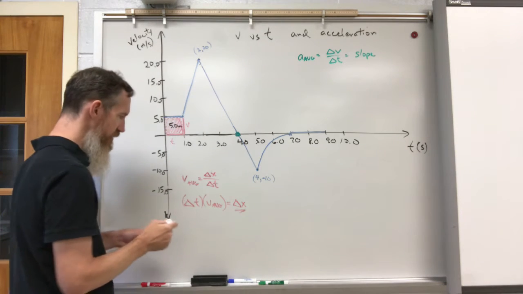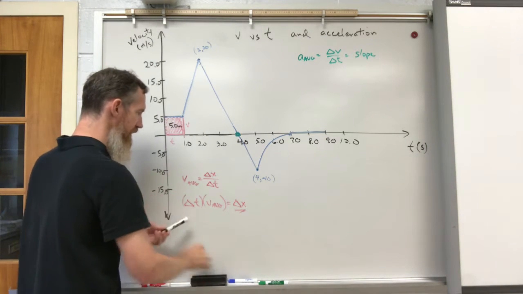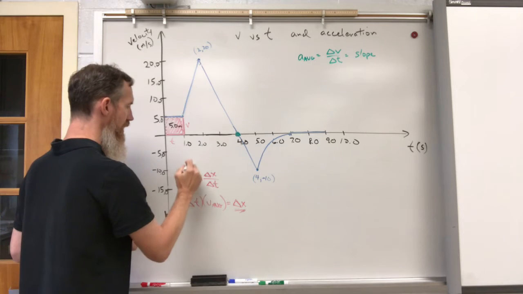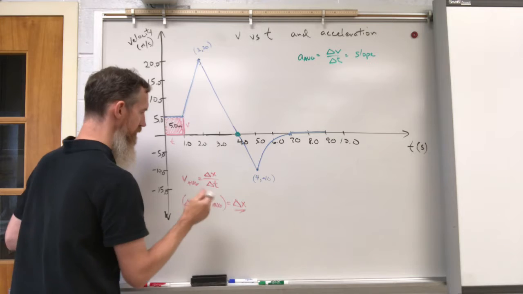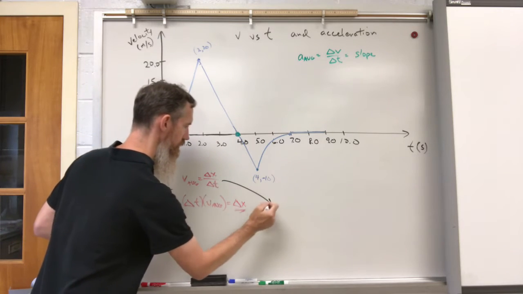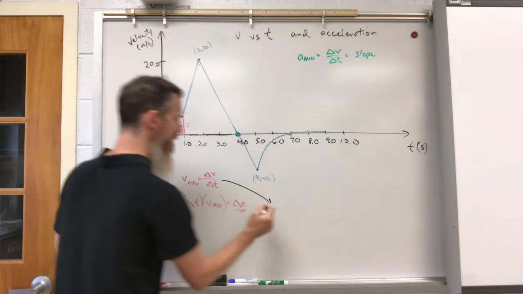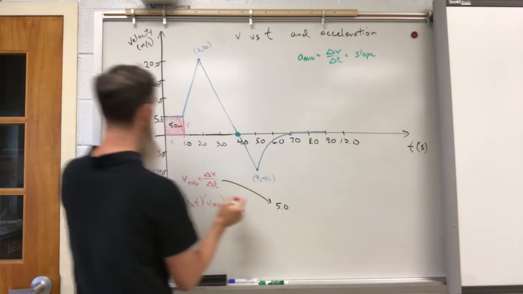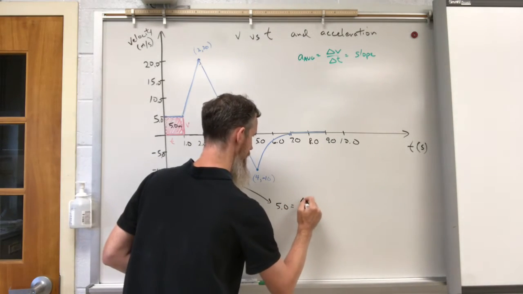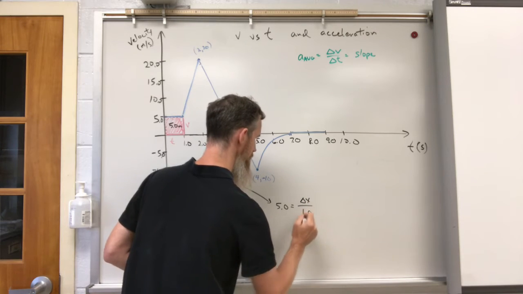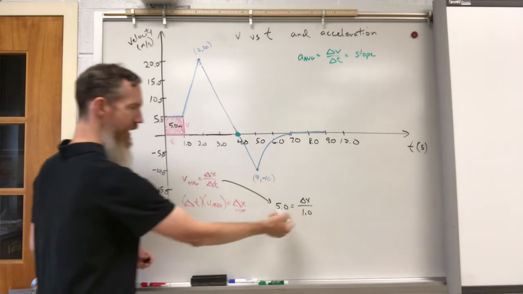And that makes sense, because if I were to plug this algebraically into this equation, if I knew the average velocity was 5.0, because it didn't change, it was staying 5.0, and I happen to know I did this for 1.0 seconds, well, I can solve that for x.